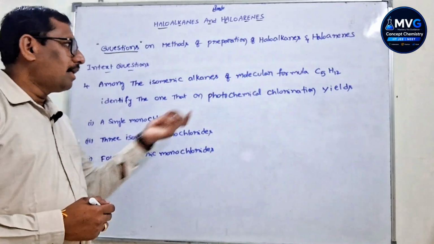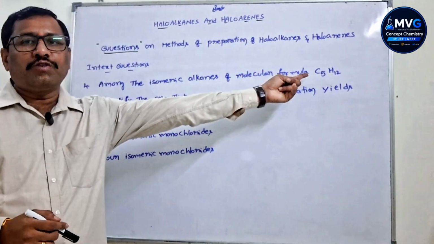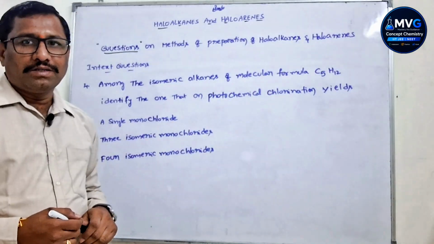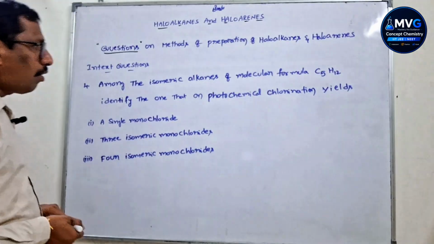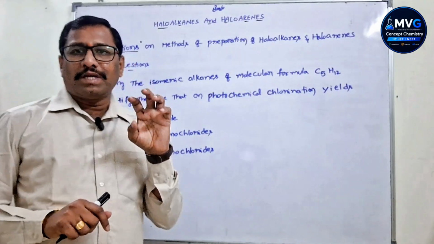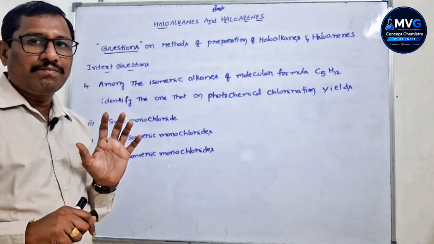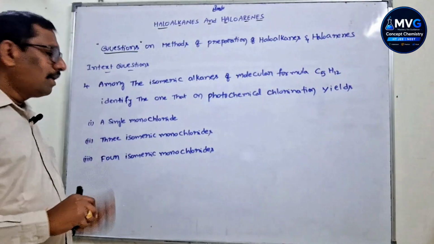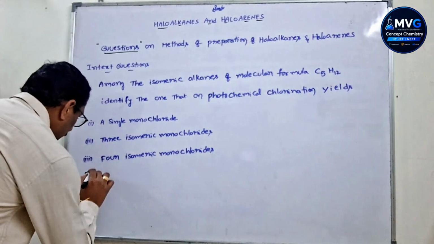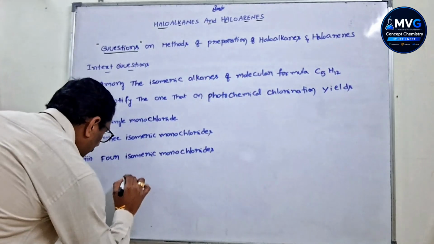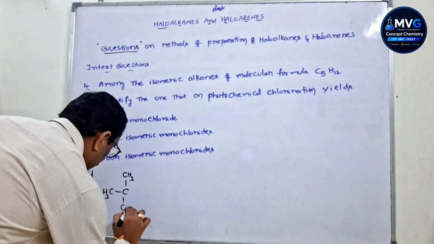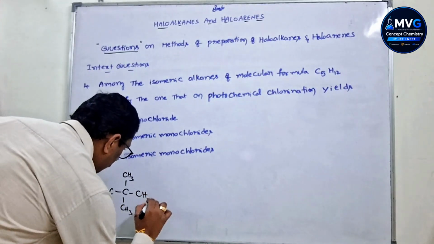Generally the formula is CnH2n+2, students. Alkanes undergo photochemical reaction; that we will discuss now. For monochlorination, in the given compound all carbon atoms are the same, all CH3 groups are the same, then only we can get a single monochloride product. Suppose it is like this: C with four CH3 groups.